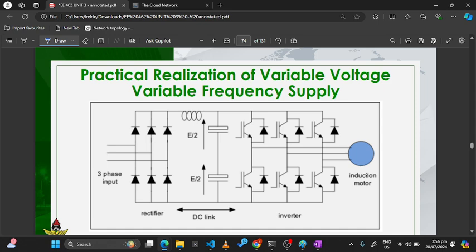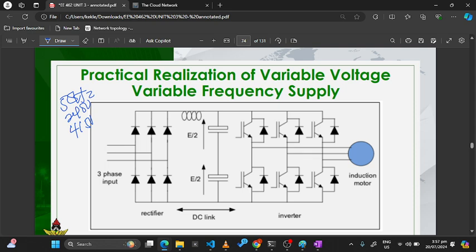The three-phase voltage coming has a fixed frequency of 50 hertz, and its phase value is 240 volts. Its line voltage is 415 volts. These values are fixed. But here's the case: you want to be able to change the frequency. Then what do you do?